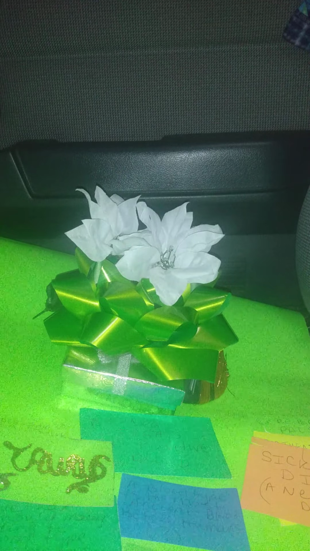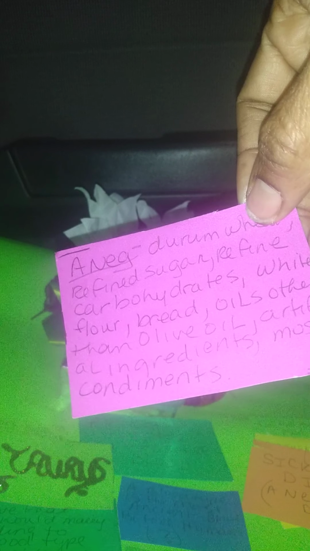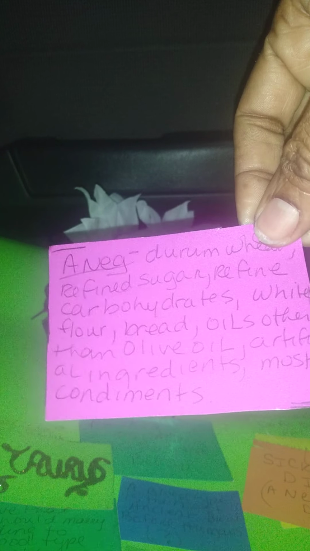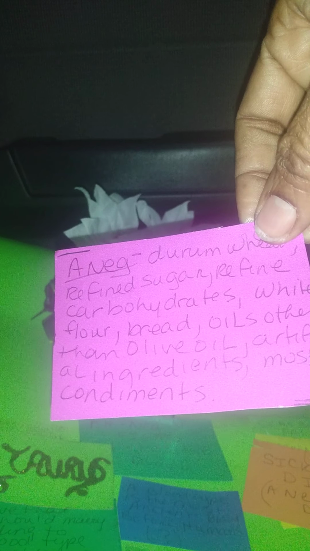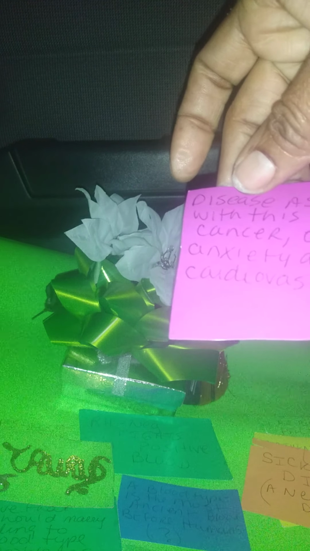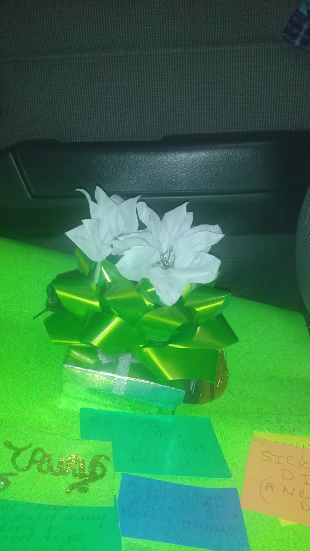And then you got the A negative. They have to watch their diet: refined sugar and carbohydrates, white flour, bread, oil, only olive oil, no artificial ingredients. Because of diseases and stuff, they can get cancer, diabetes, anxiety disorder, cardiovascular disease.